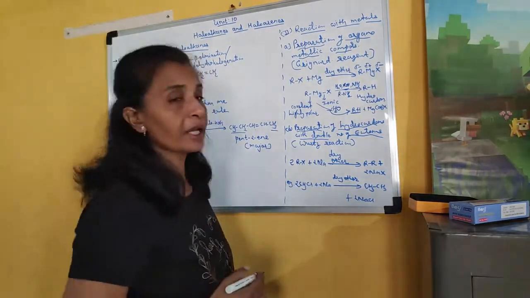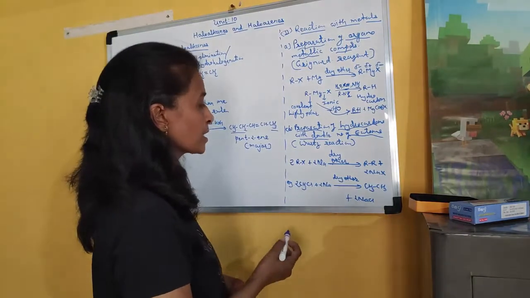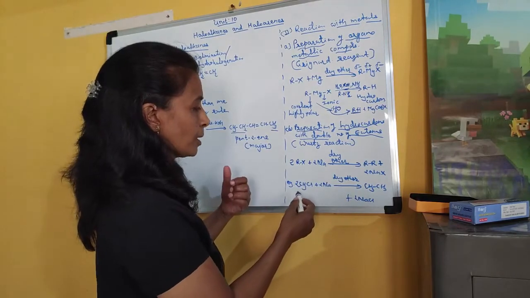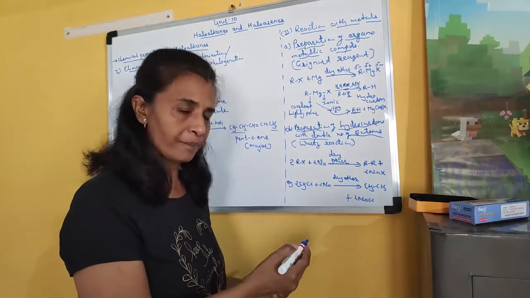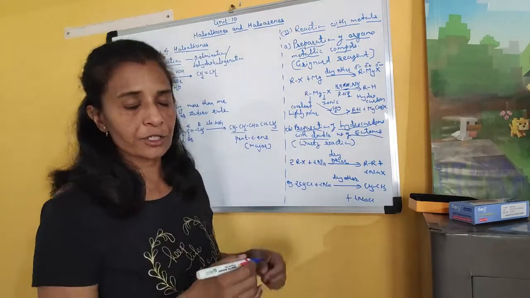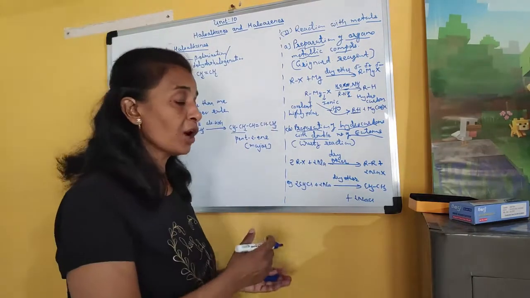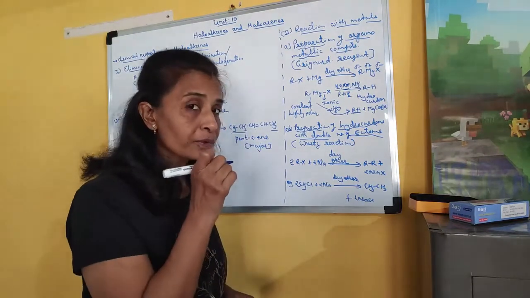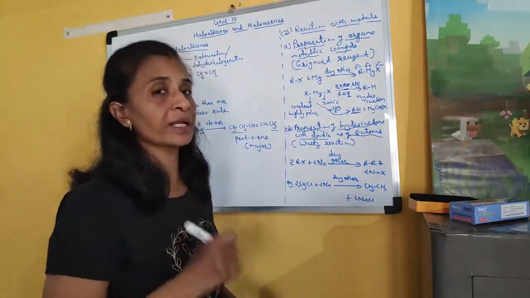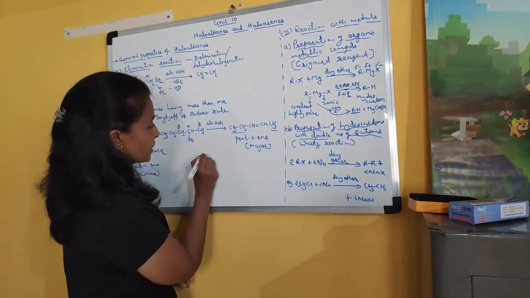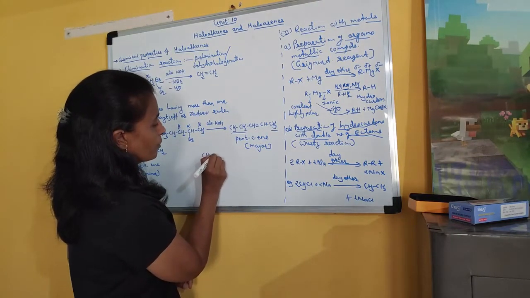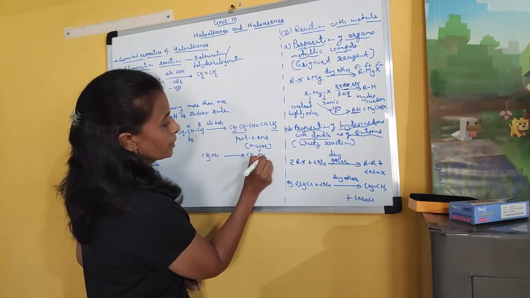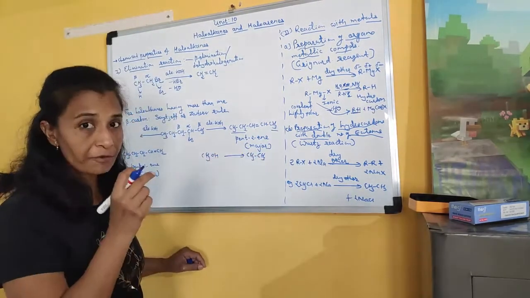Clear? So in conversions, suppose you are asked to convert methanol into ethane. First thing, you have to see that in methanol there is one carbon atom, and the final product we want is ethane. You can write it like this as rough work.